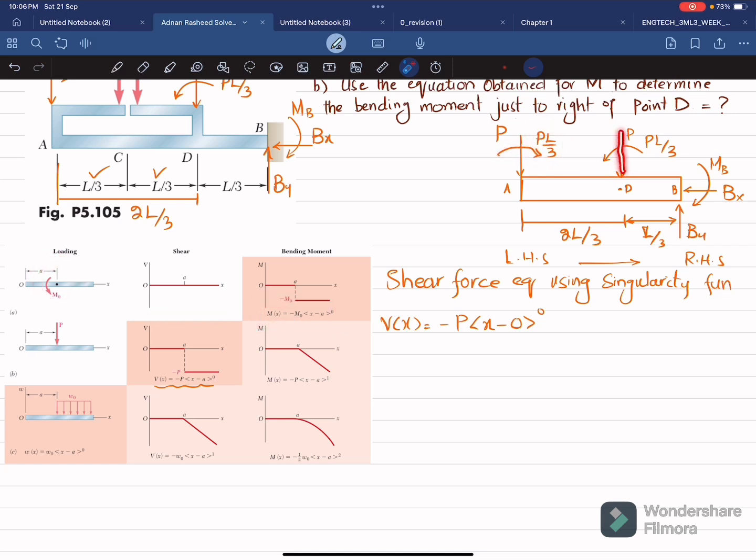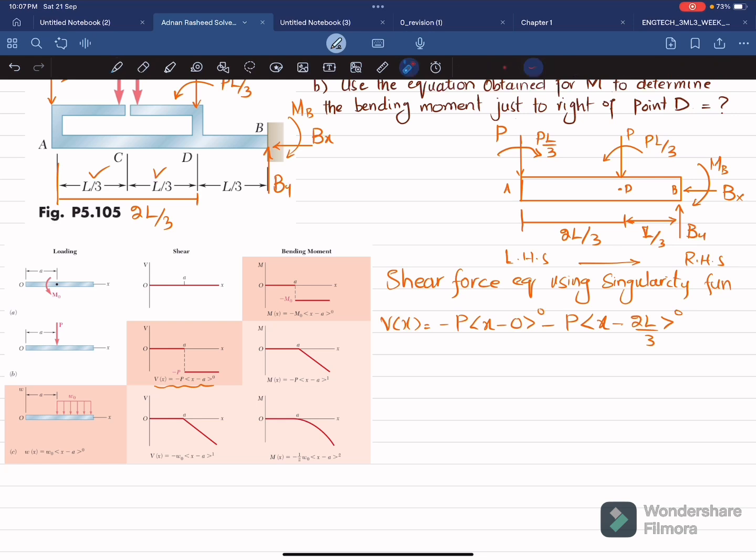Now the second load is P, and it is acting at a distance of 2L by 3, which is equal to a for this point load. So I can write minus P into x minus a, where a is 2L over 3, power 0.